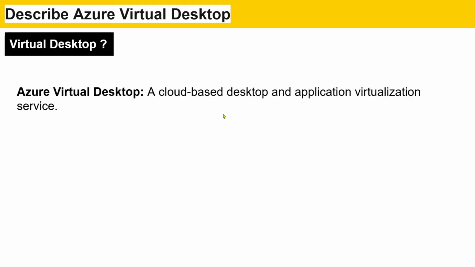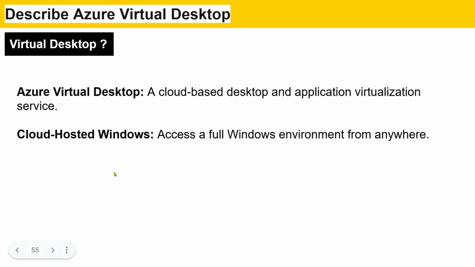That means, for example, the moment you buy a Windows laptop, you have the operating system, you have a few Windows applications inside that, and things like that, right? Similar way, in Microsoft Azure you can also use the virtual desktop. You don't have to install the operating system and go through a lot of things. You simply pick and use it. A cloud-based desktop and application virtualization service.